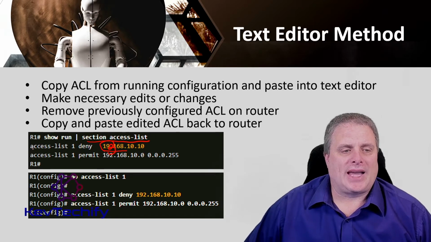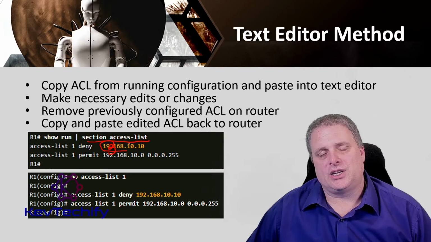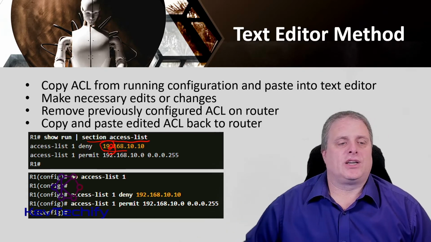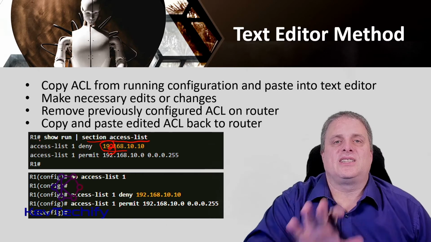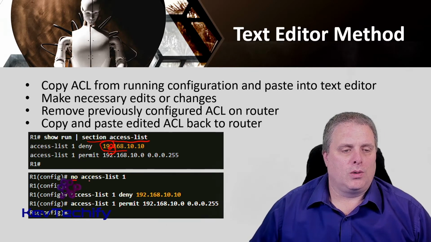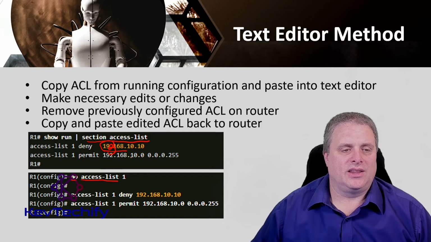What we can do is we copy this out, highlight it, paste it into our text editor, make our change. Then we come back to our router, remove the existing access control list. That is done by using the word no and then access-list and then the number.